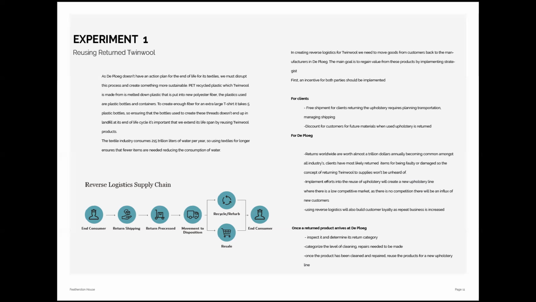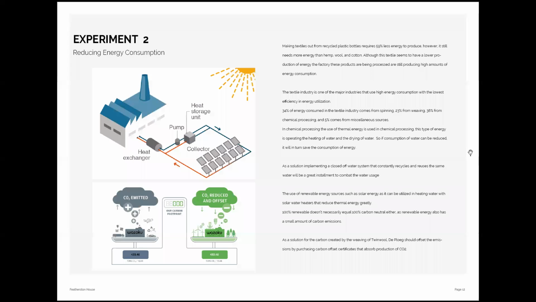So with the return logistics, it starts and ends with the end consumer. It goes to shipping, then it gets returned, and then it moves to being either recycled, refurbished or resold, and then it goes back to the consumer. So you're making a cycle out of it.